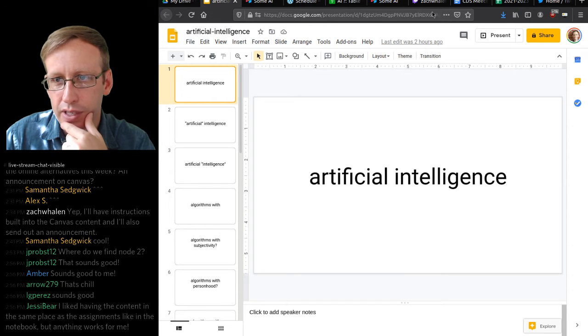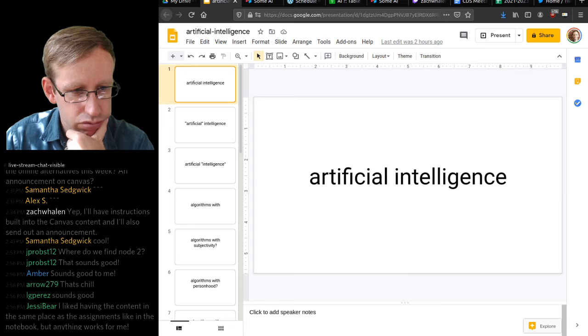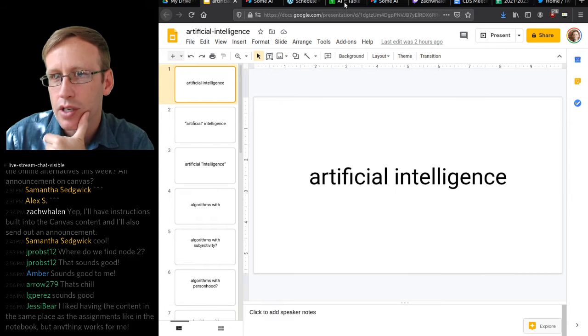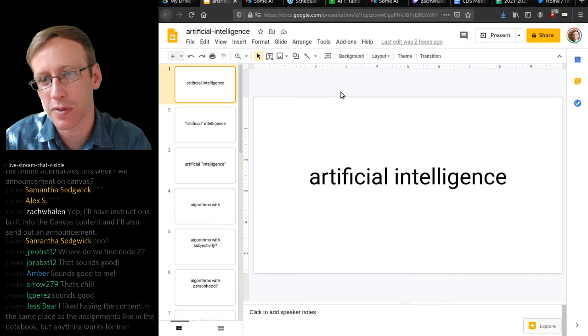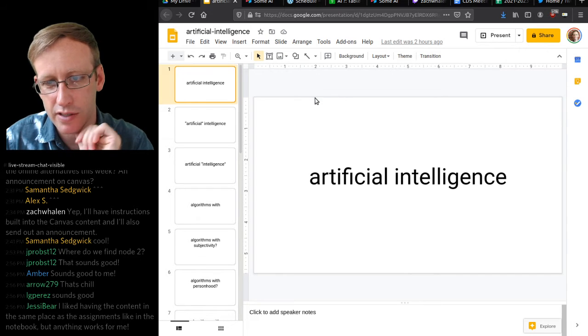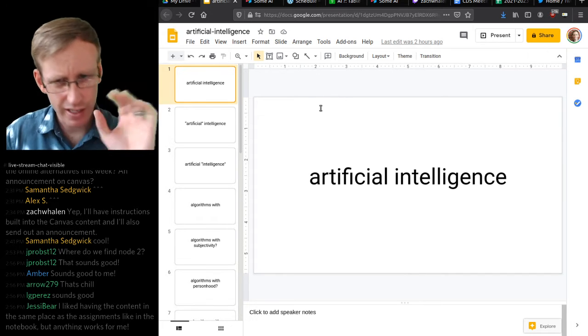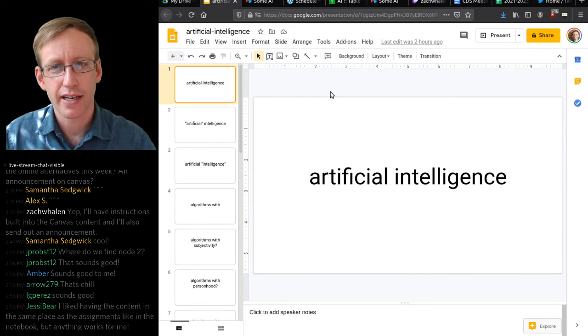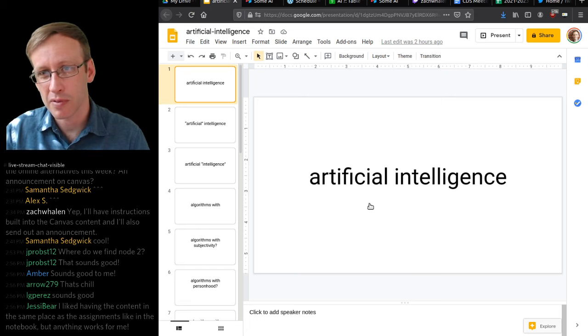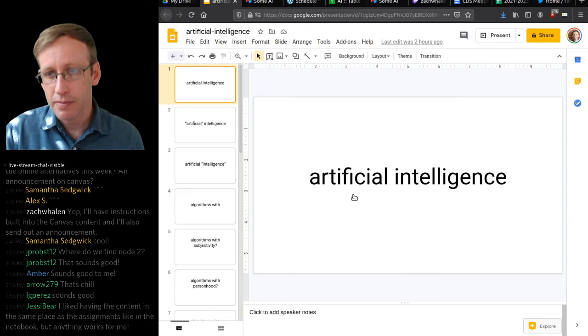It's so frustrating having so many windows. Okay, and there it is. The form is going to look like this, and I hope it's pretty straightforward. I'm not trying to be sneaky here. It's not very long either. But think of an AI, get it in your head before you do the form. Just think of one. Try to think of one that's a little more obscure, something that other people might not think of.